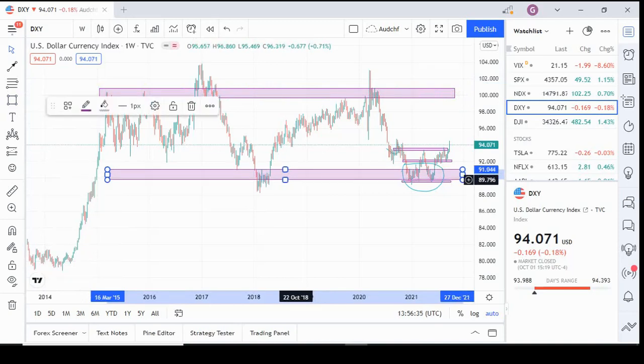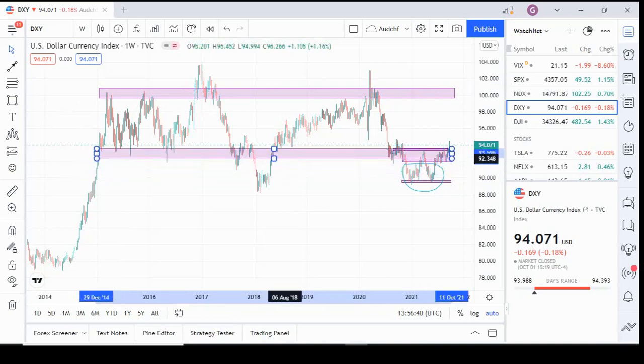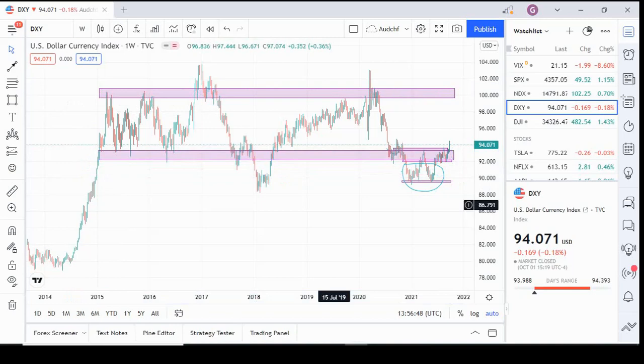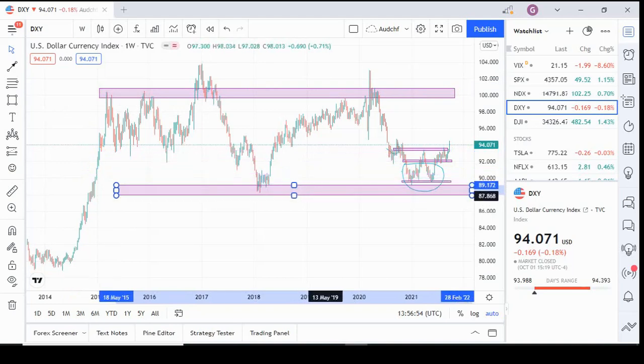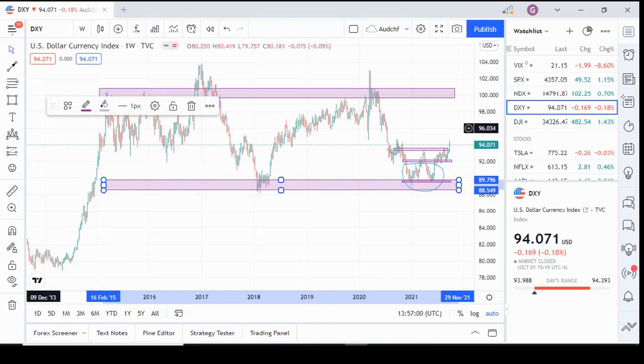I'm seeing double, but there's a high possibility that yes, it can be this, or you can cater for this lower one, and just say yeah, you can cater for that one also.